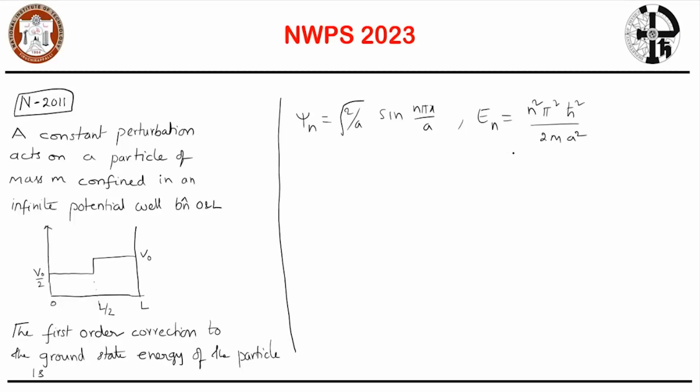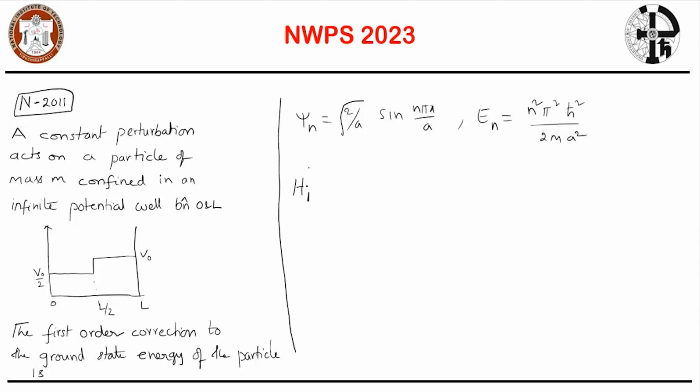Now the question is, now I change the potential. The potential is shifted, please note it. From 0 to L by 2, the potential is shifted to V0 over 2. From L by 2 to L, the potential is shifted to V0. So we are subjecting this to a constant perturbation.